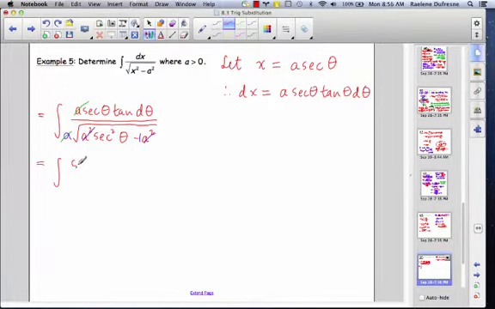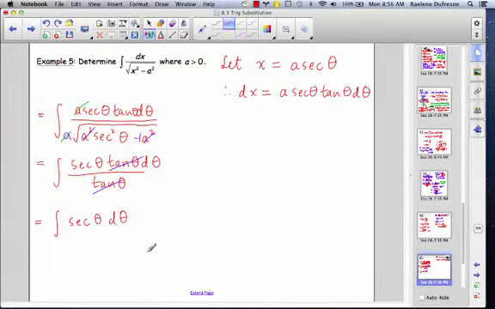Furthermore, in the denominator, we can use the trig identity, the Pythagorean identity, which says that secant squared theta minus 1 is tan squared theta, and the square root of tan squared theta will be tan theta. And we can reduce the tan theta and have to work out the integral of secant theta d theta.